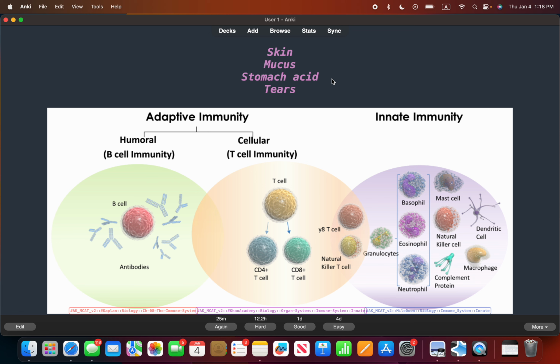You have the mucus that is helping you to fight the battle, and you have stomach acid, which is always there to make sure that it can kill any harmful substances. And you also have your tears in case you have any allergic reactions, for example, right?